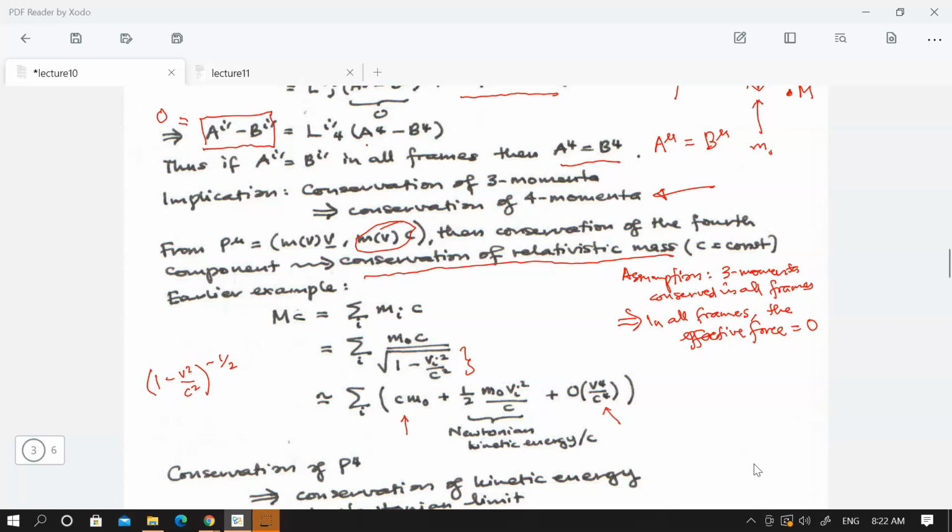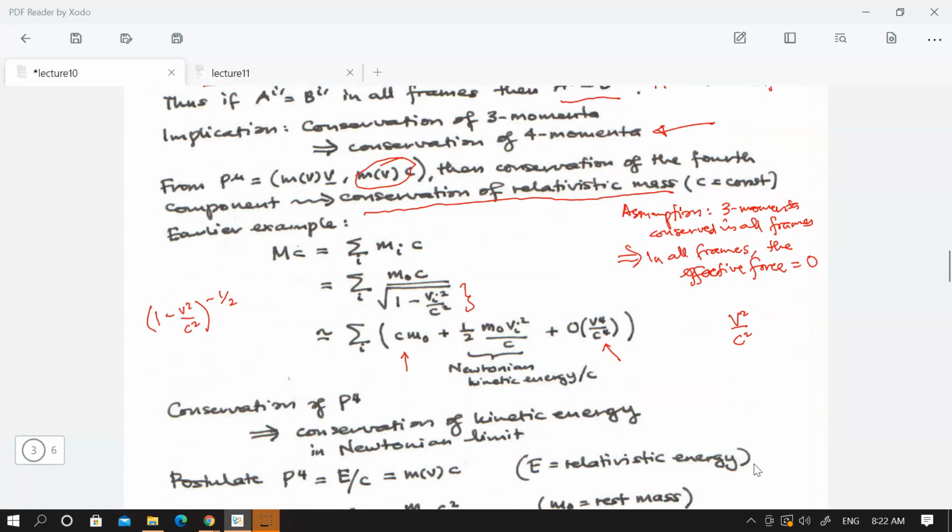Remember the first order term here is with respect to v squared on c squared, so the higher order terms will be higher powers of v squared on c squared. And that tells us a very nice thing.